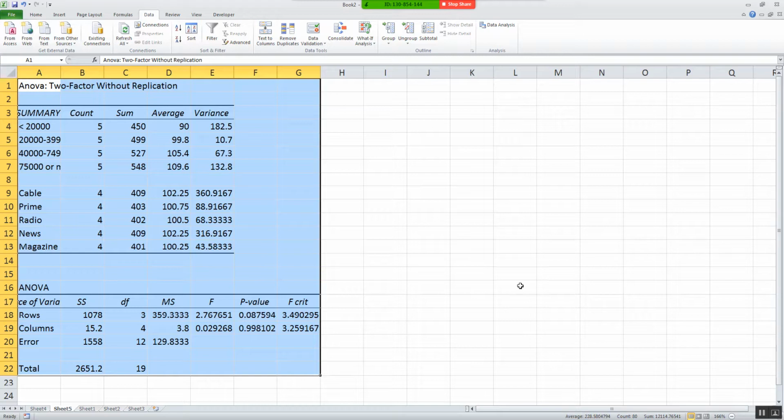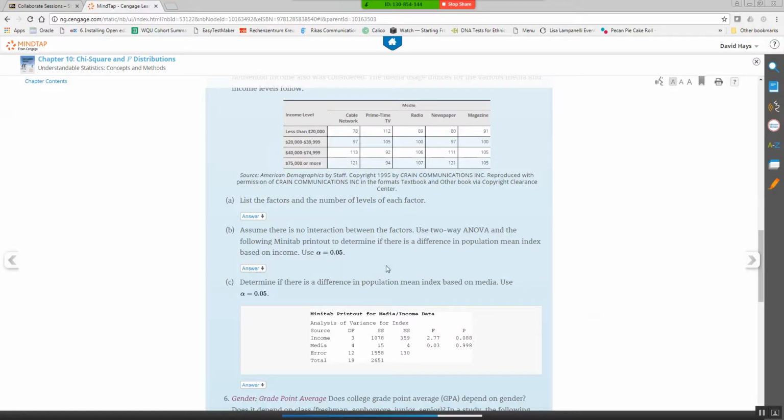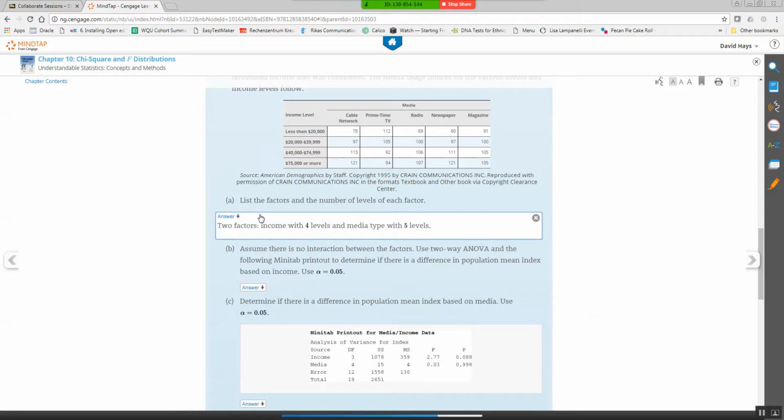A little bit larger here. That's not too exciting there. It tells us how many income levels we have and how many media types.